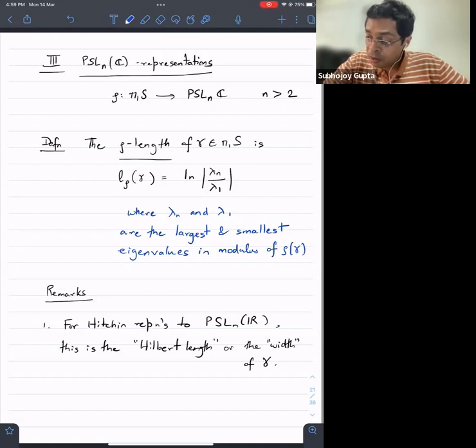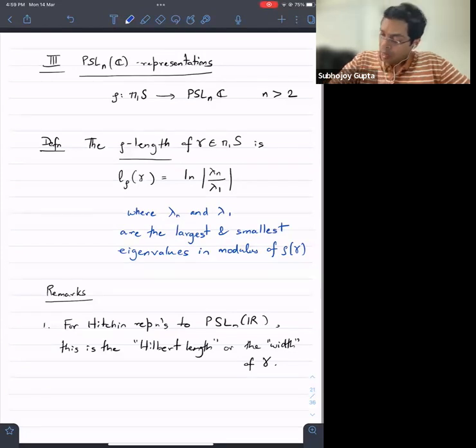It's the log of the ratio of the smallest and largest eigenvalues in modulus of rho of gamma. And this coincides with the definition of length in n equal to 2, by the way, and this is a notion of lengths of curves which is used for Hitchin representations, which is also called the Hilbert length.